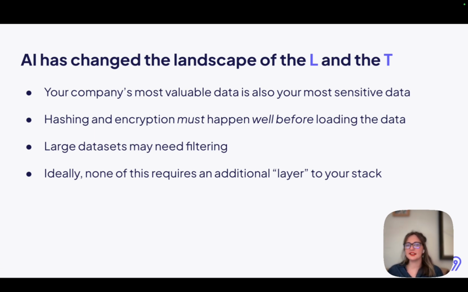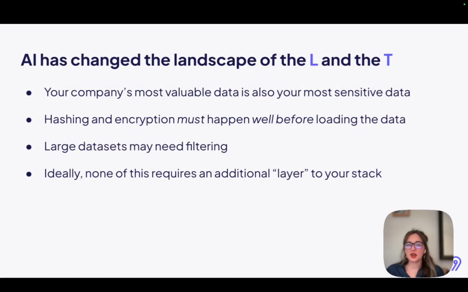A lot of times, this may also be sensitive data that needs to be hashed or encrypted well before loading it into wherever you're loading it. It's not enough to say, well, we loaded all of our data into an S3 bucket and then we hashed and encrypted all of the sensitive fields. That's not going to cut it at all.